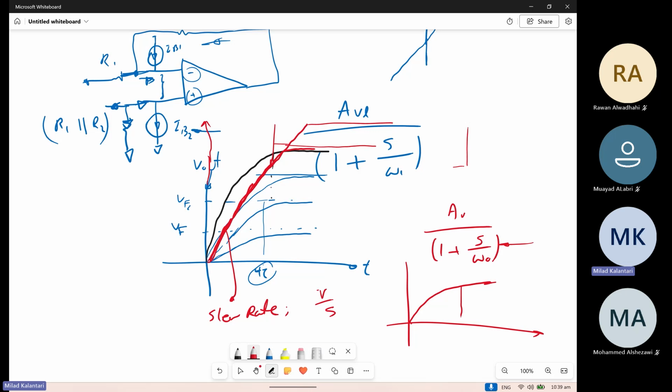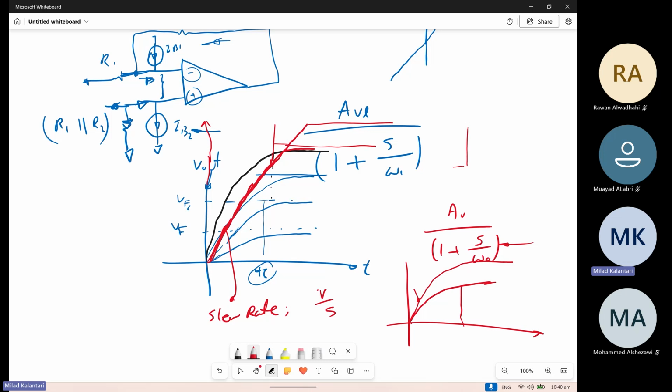The exponential itself doesn't limit the slope. If you increase the input step, it can still be exponential, but the slope changes. Basically, this changes the slope of the initial phase. Though it takes time to settle down, the slope may change.